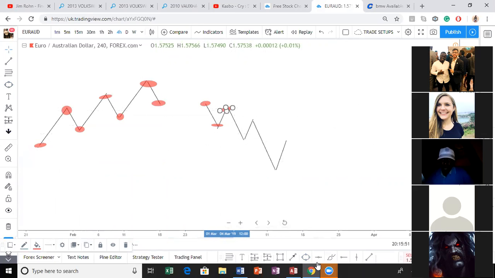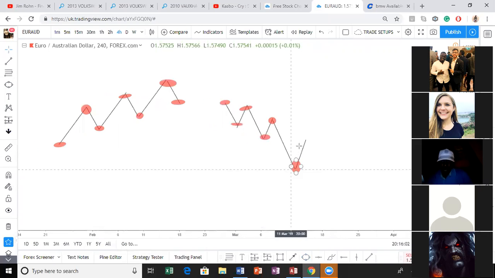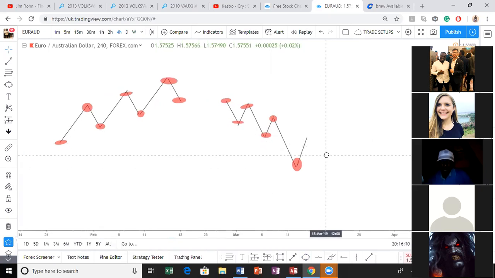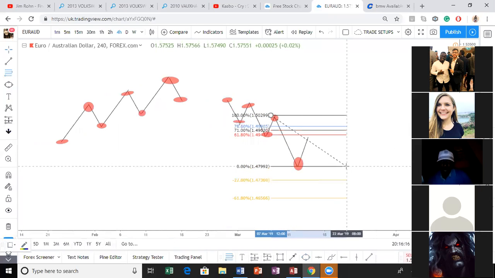Higher lows, lower lows, higher lows, lower lows. Okay, now market has made what? A higher low and a lower low. You do not know where the next higher low is going to make. So what I do is that I pull my fib all the way from where? The higher low all the way to the lower low.